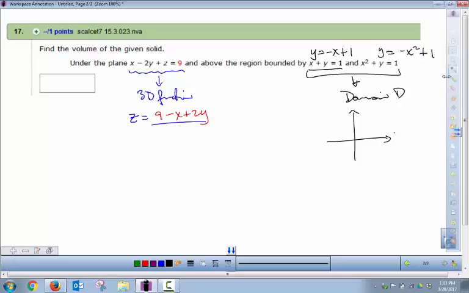These are the things that as Calc 3 students you have to try to be quick on. So what did I say? This is a negative slope at 1. That's the first graph, my x plus y equals 1. And then the upside-down parabola, y-intercept at 1.